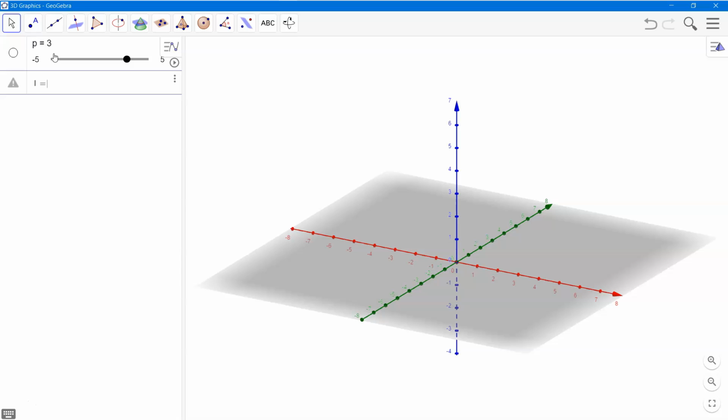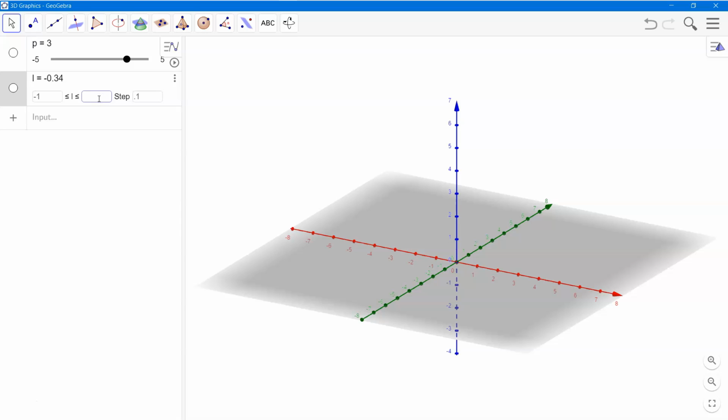So l is equal to, remember, cos will always be between -1 and 1, so let's say -0.34, and let's change this to a slider from -1 to 1, and step let it be 0.1.